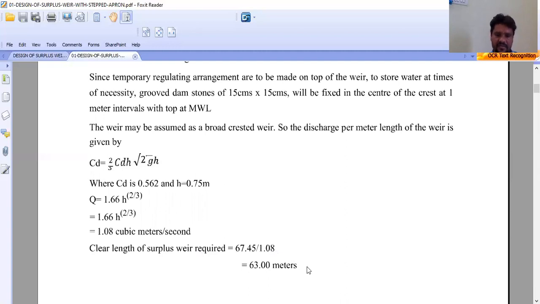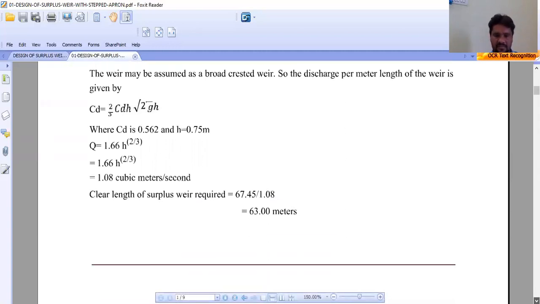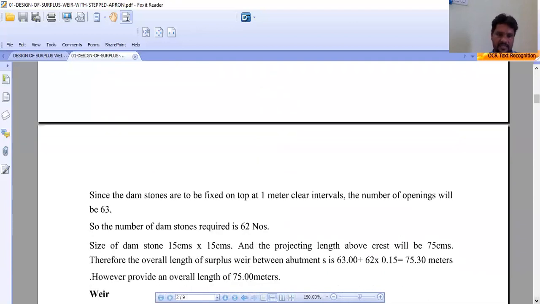Directly we can substitute and get 63.63 meter. So this is the clear length.